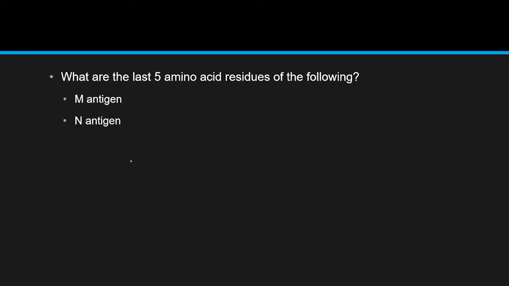All right? But first, you need to know that the last five amino acid residues in glycophorin A are responsible for the antigenic activity of these two antigens. For the M antigen, it's glycine, threonine, serine.